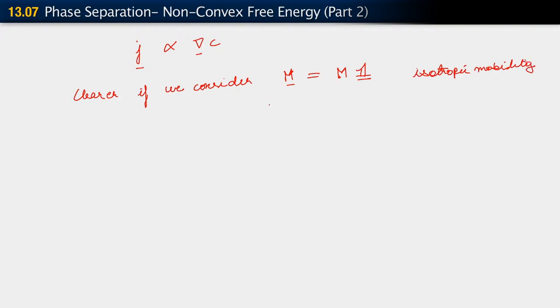In this case, J is equal to minus M isotropic tensor chi double prime gradient C, which is basically minus M, which is a scalar now, chi double prime gradient C. But now this quantity is greater than or equal to 0. So we see that the flux is essentially proportional to gradient of C.